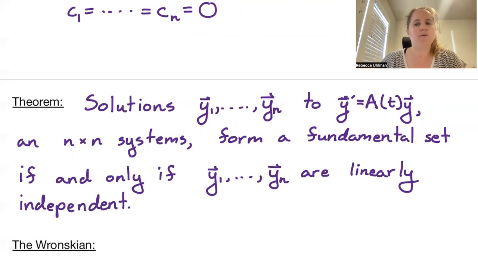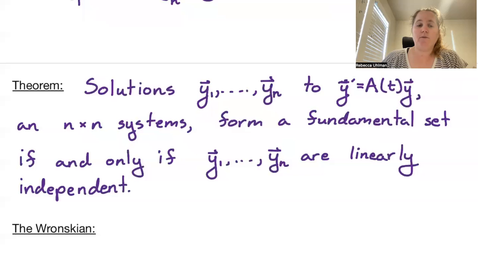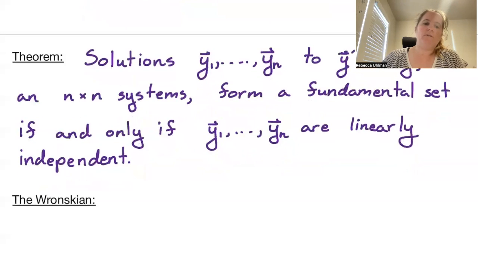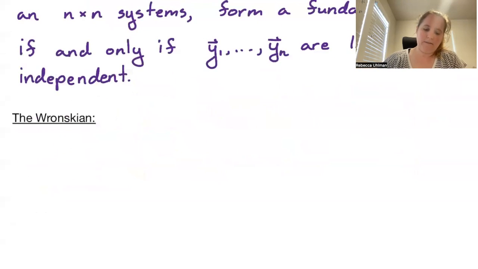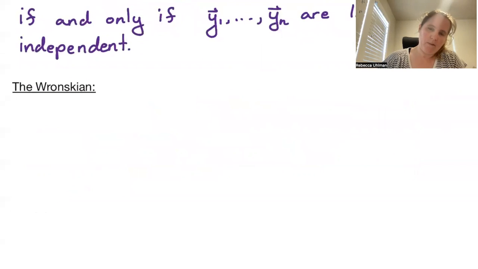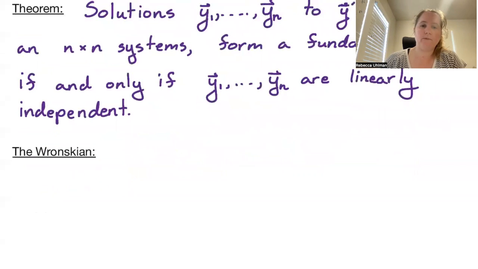Again, same theory we've had before. Once again, we're going to have a Wronskian. So we are going to define the Wronskian similarly to how we did before.